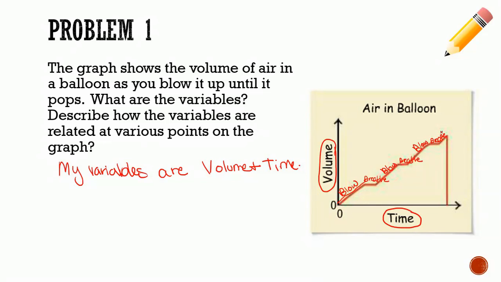Then I start going up, blowing, and this is when the balloon pops. Notice it's a straight line going down, because at that time the balloon just blows up, so my volume is 0. I have to show that at that time my volume went straight down to 0. That's why we have a straight vertical line right there.